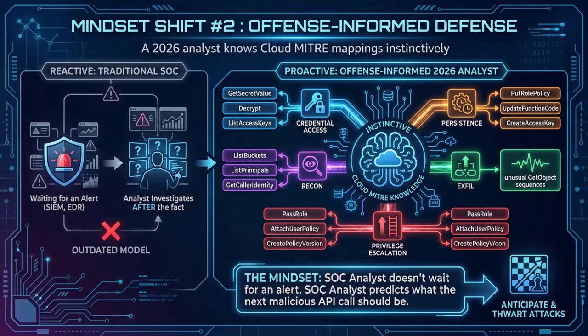Another example is privilege escalation, which maps to AttachUserPolicy, CreatePolicyVersion, PassRole. That's what you should hunt for in the logs. So at the end, you do not wait for an alert. You are predicting what the next malicious API call should be.